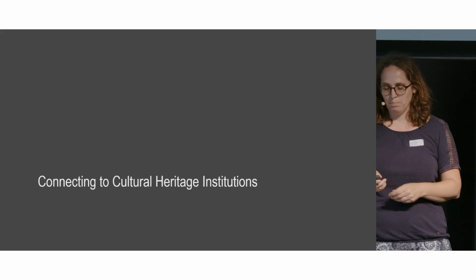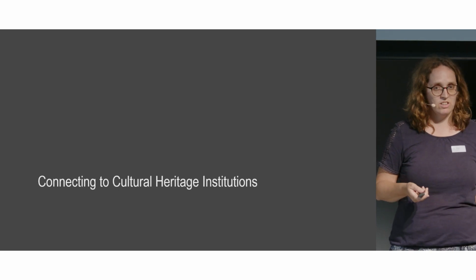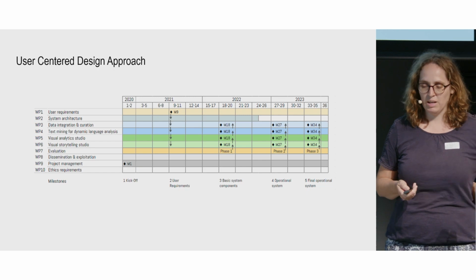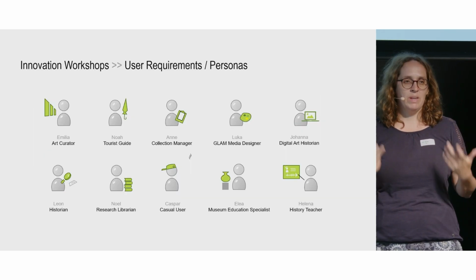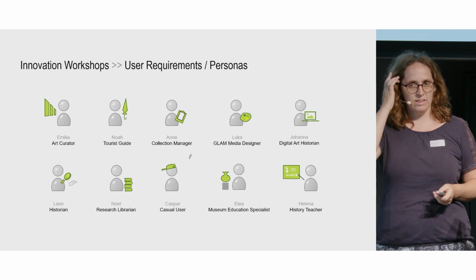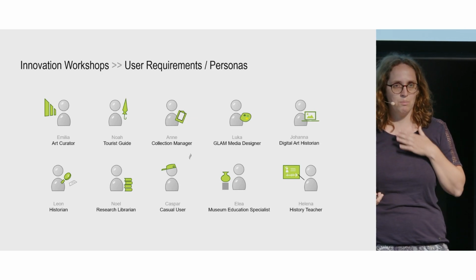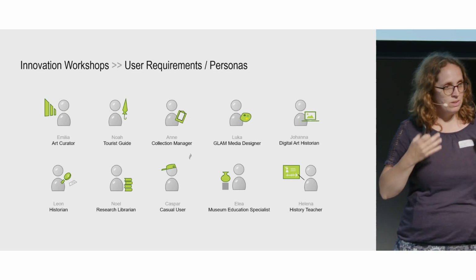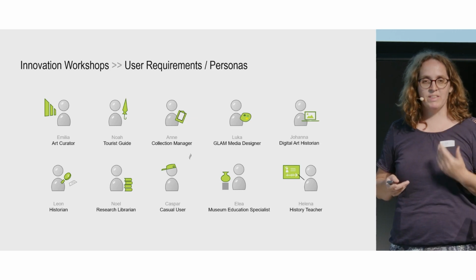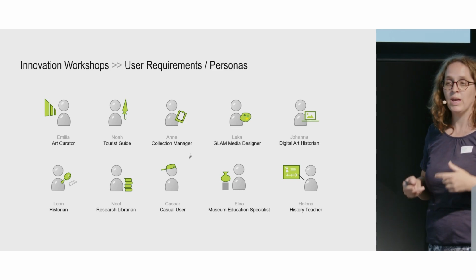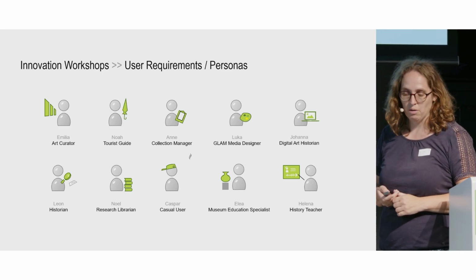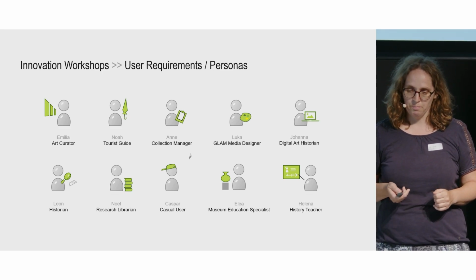And as the last aspect, connecting to cultural heritage institutions, we wanted to get out to the people, have this user-centered design approach. We had innovation workshops at the beginning of the project. We also said already that it was one of the outcomes where we had this idea of what users could do with the knowledge that we build, and what kind of user practices they could have based on our aims that we have got here.